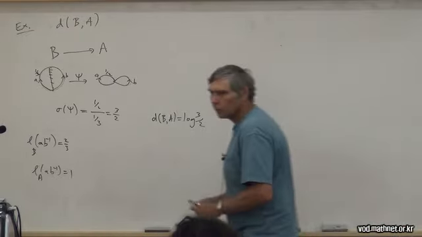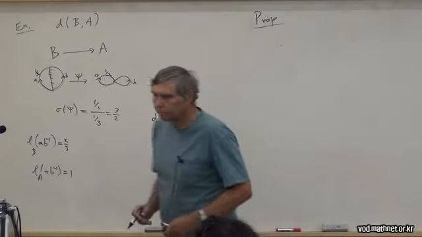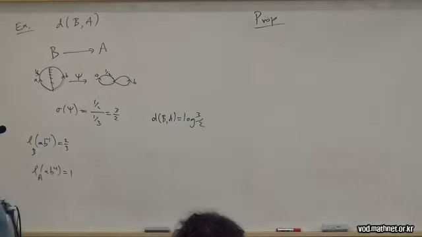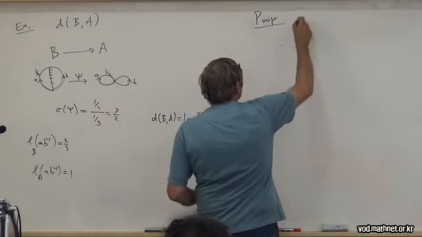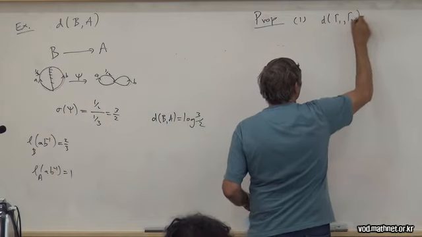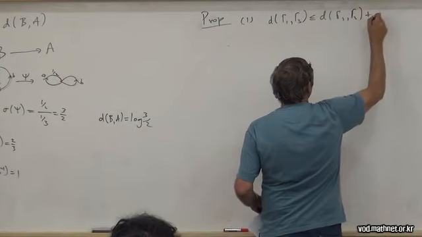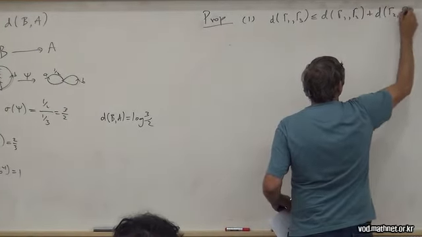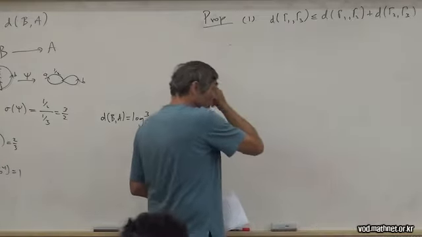Okay, but no, basically the simple proposition is like this. First you have the triangle inequality, and you have to be careful because it's not symmetric, so the order is important here.